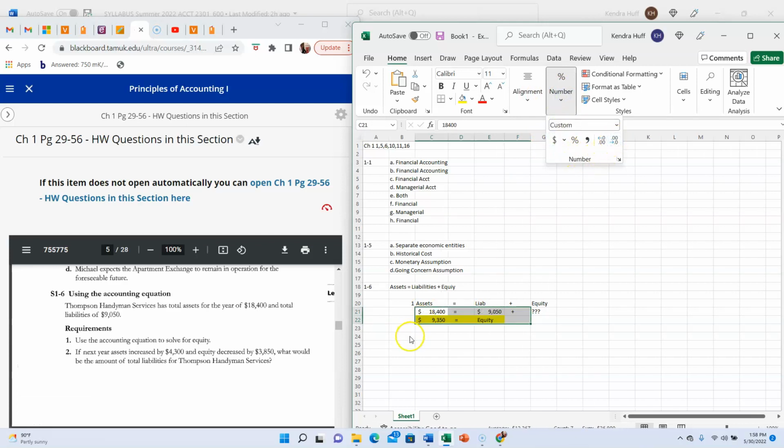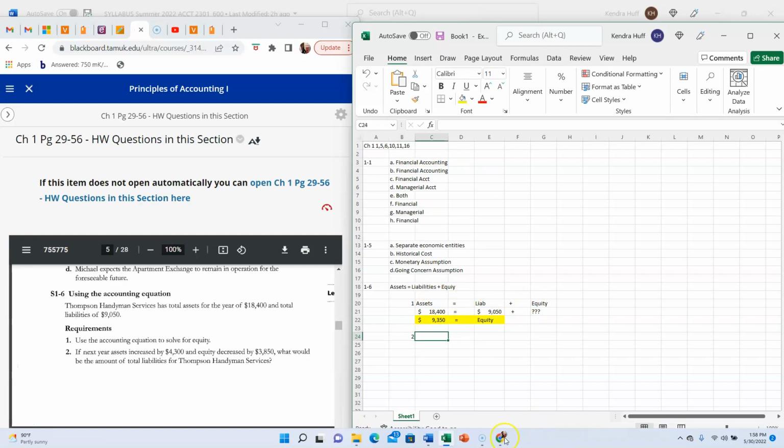I like to make things have dollar signs and all that type of stuff. If the next year assets increased by $4,300 and equity decreased by $3,850, what would be the amount of total liabilities? There are actually a couple of ways you could do this one. I'm still using the same little formula.